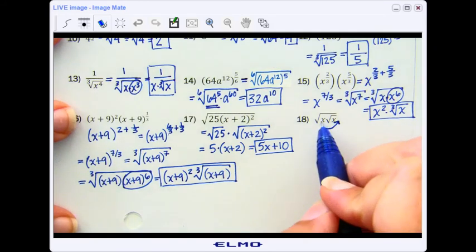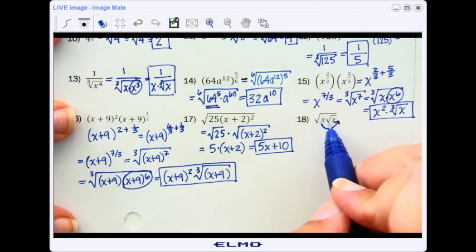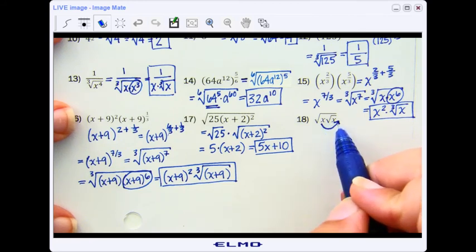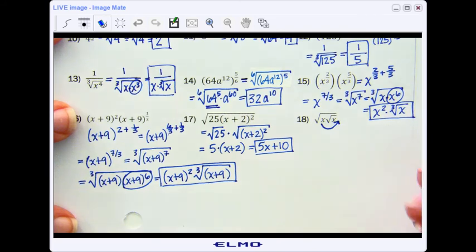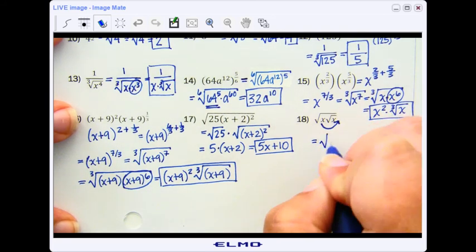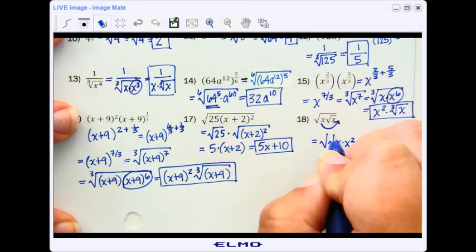If I have an x on the outside of a square root, that means when I move it inside the radical, it had to have been x squared. So this is equivalent to saying the square root of the square root of x times x squared.